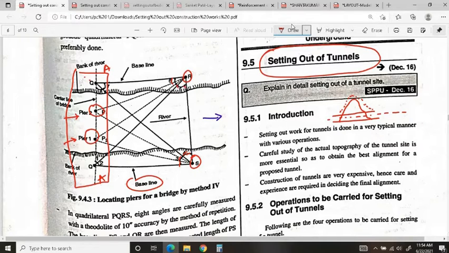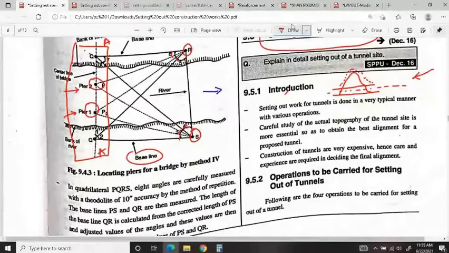And there is one animation video. I will send it into the group. By seeing that video you will understand how to give out the center line for the tunnels.